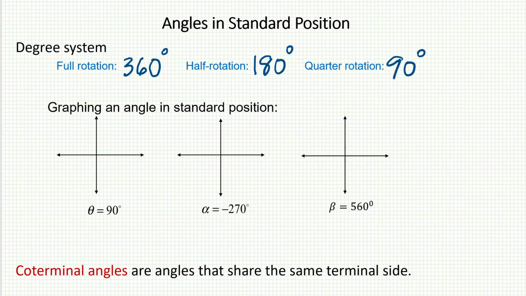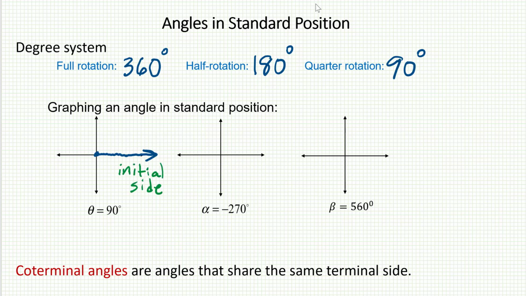Let's talk about how we can graph an angle in standard position. We like to use Greek letters to describe our angles. So this first example is theta equals 90 degrees. Now if I want to graph a 90-degree angle in standard position, I must start with the initial side along the positive x-axis, and then I rotate from there.